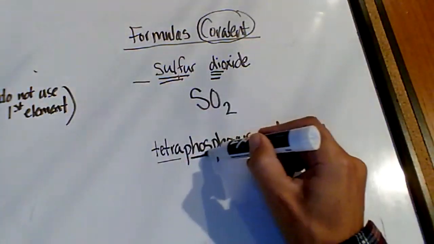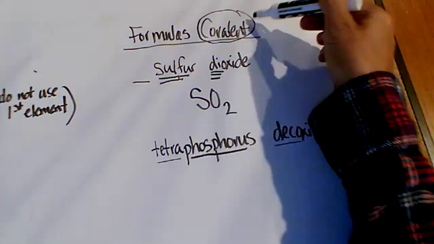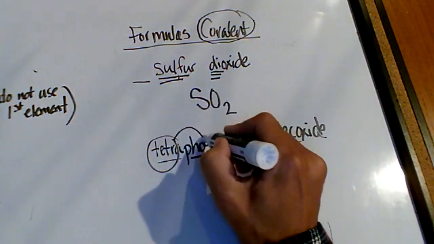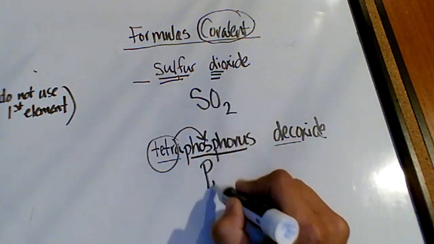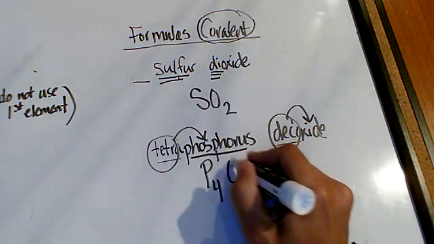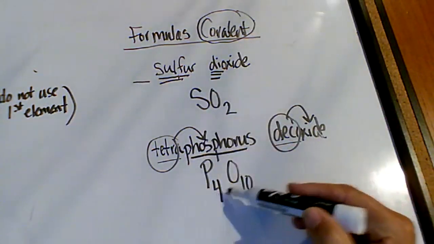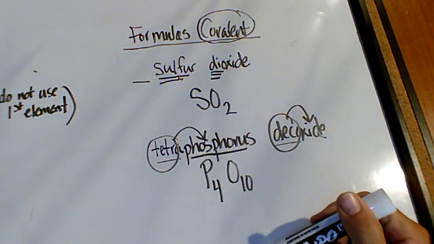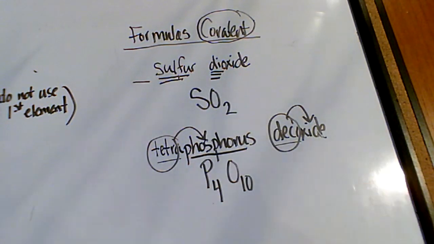Second of all, this is a nonmetal. Therefore, it must be covalent. I've got 4 phosphoruses. That is P4. And I have 10 oxygens, O10. Do not simplify and do not crisscross. Can't get any easier than that, guys.